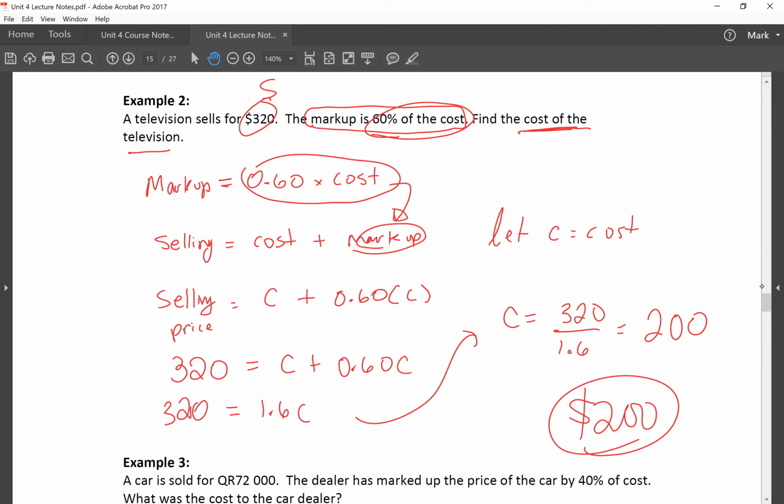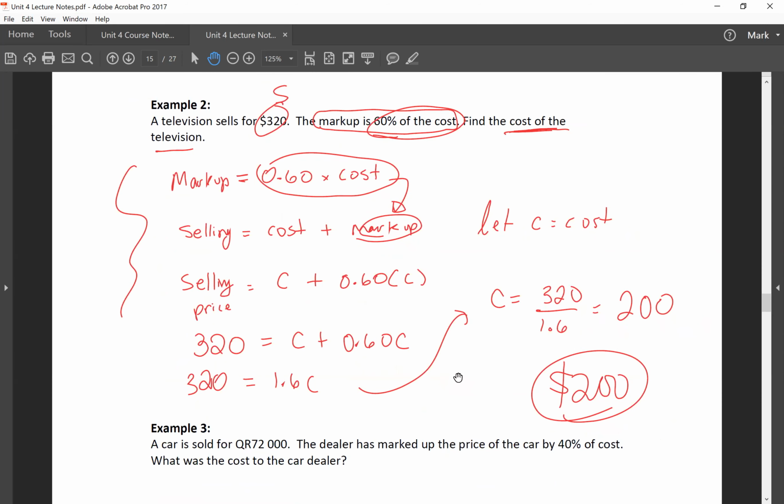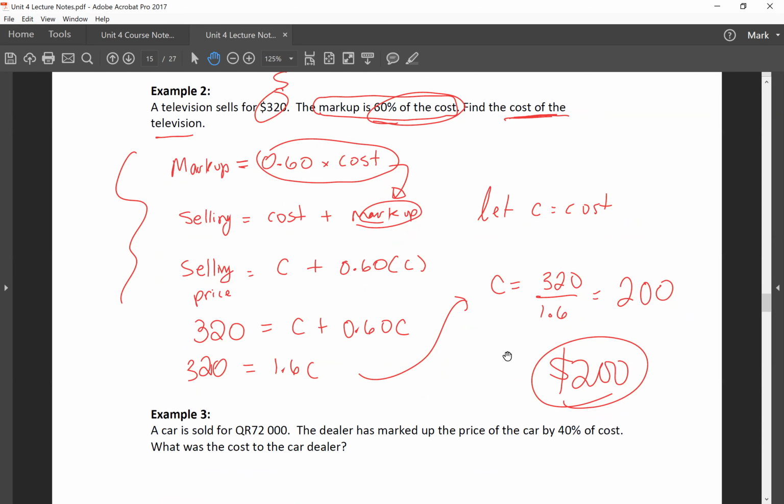I'm going to ask you guys to try question 3, but once you try question 3, I'll show you how I would answer this problem, meaning I wouldn't write all of this out. I'll leave number 2 there because number 3 is exactly the same. It's the same question, just different numbers.